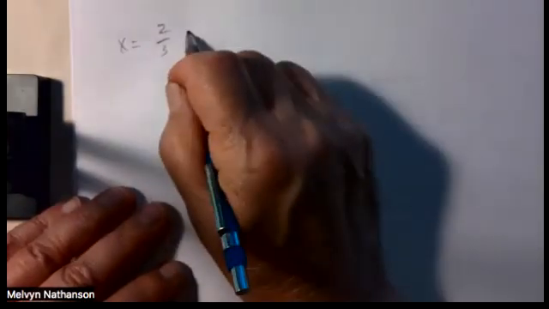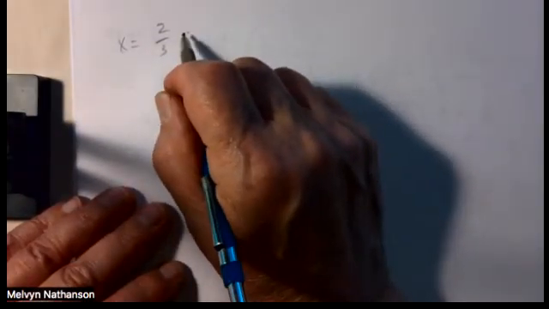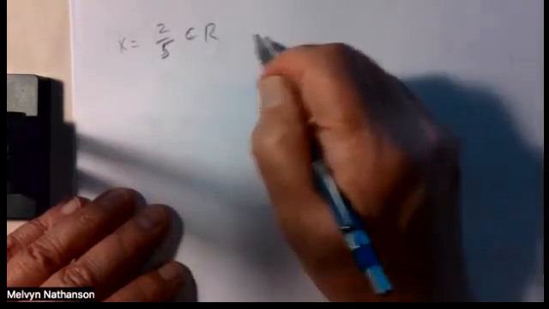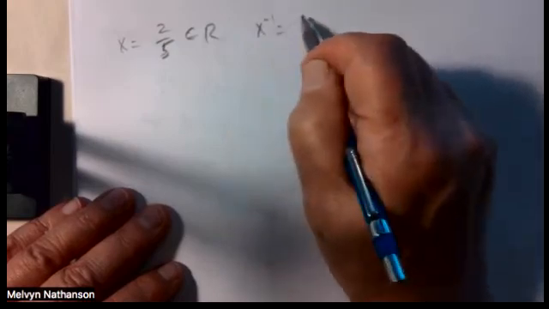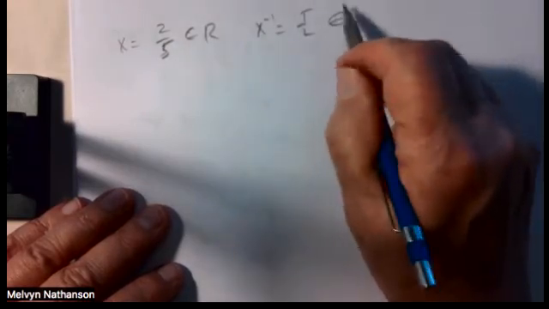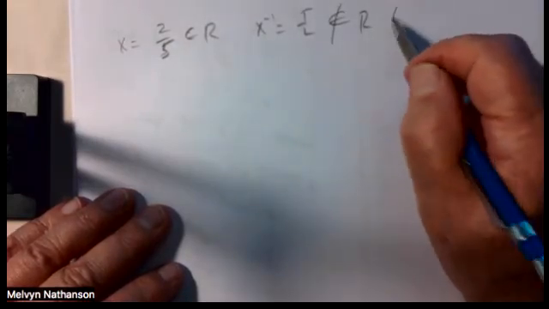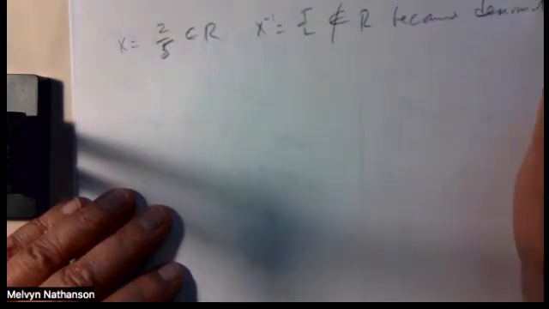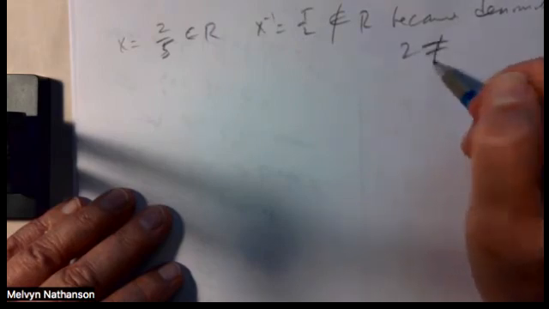For example, if you let x be equal to 2/5, which is an element of R, x inverse is 5/2. But that's not an element of R because the denominator, 2, is not a power of 5.